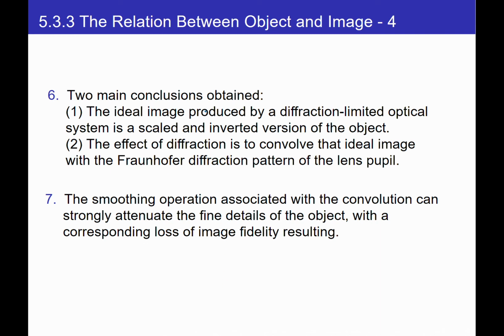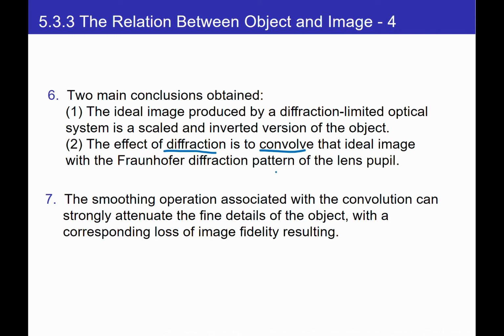Two main conclusions obtained are that the ideal image produced by the diffraction limited optical system is a scaled and inverted version of the object, and the effect of diffraction is to convolve the ideal image with the Fraunhofer diffraction pattern of the lens profile.